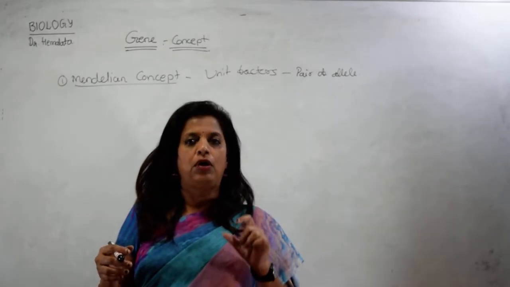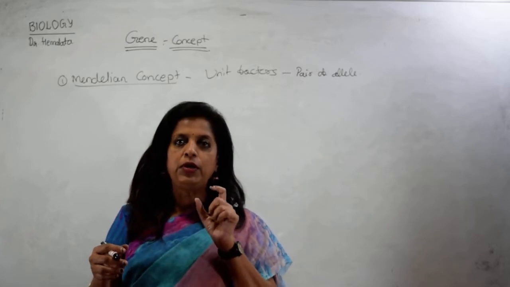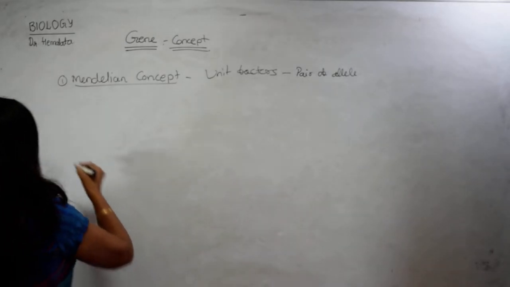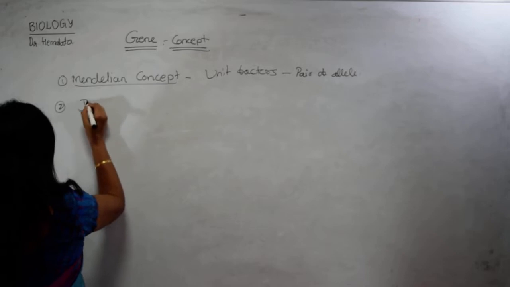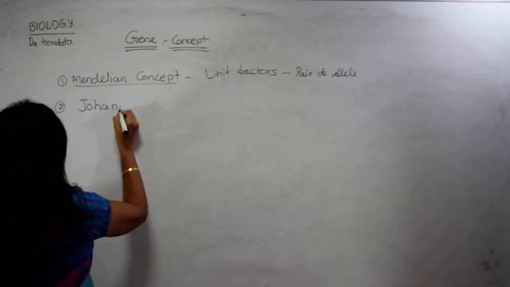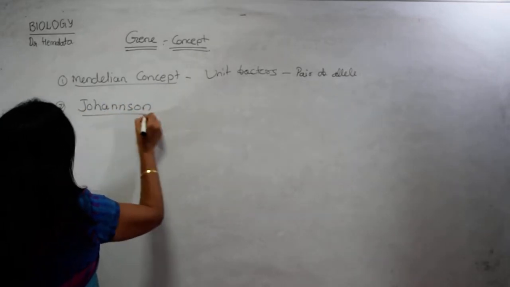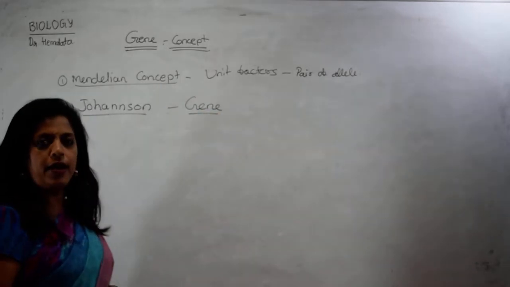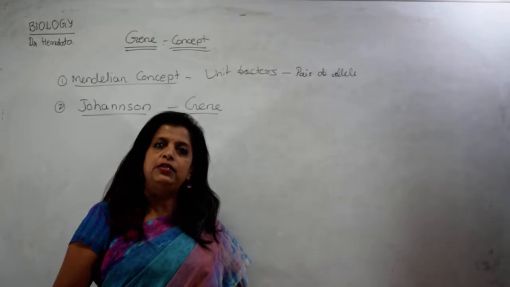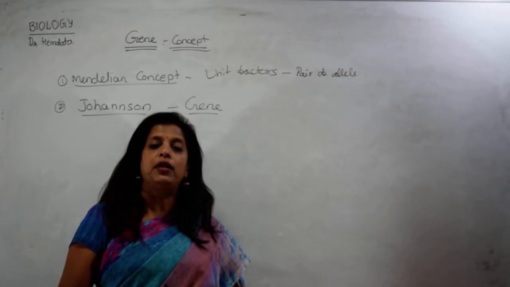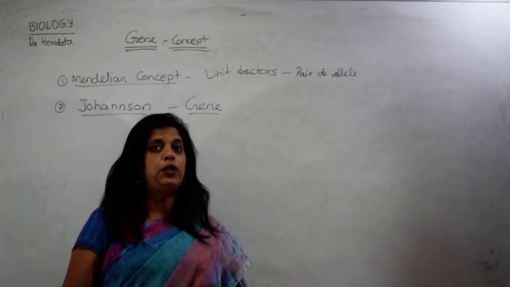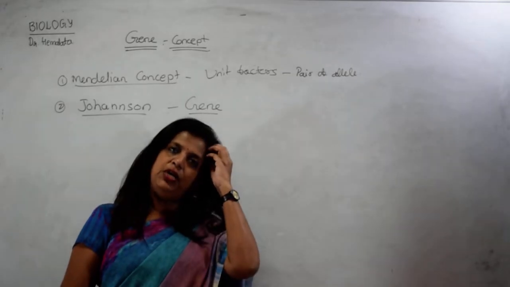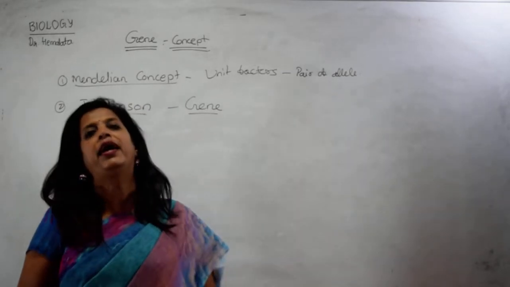The word gene was termed by the second scientist, that is Johannsen. Johannsen gave the term gene, and according to him, gene is a physical hereditary unit. It is the physical, structural and functional unit of DNA that controls the expression of a character.